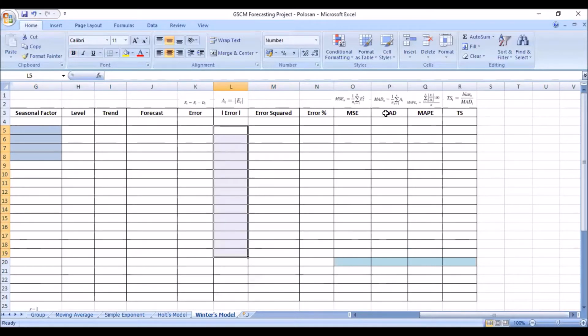We use the absolute error for MAD, the error percentage for MAPE, and MSE is based on the squared error.